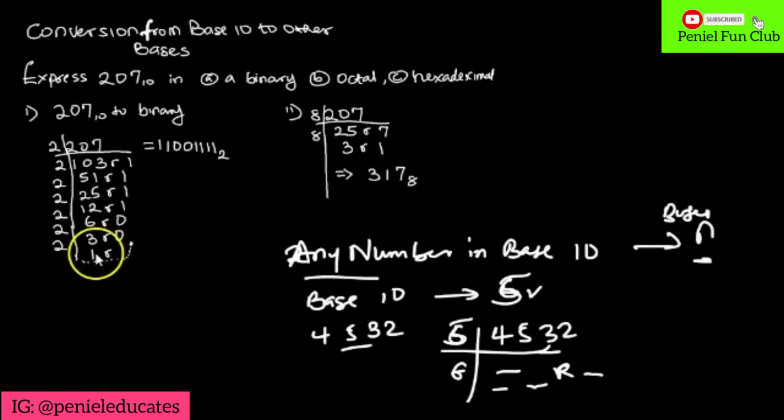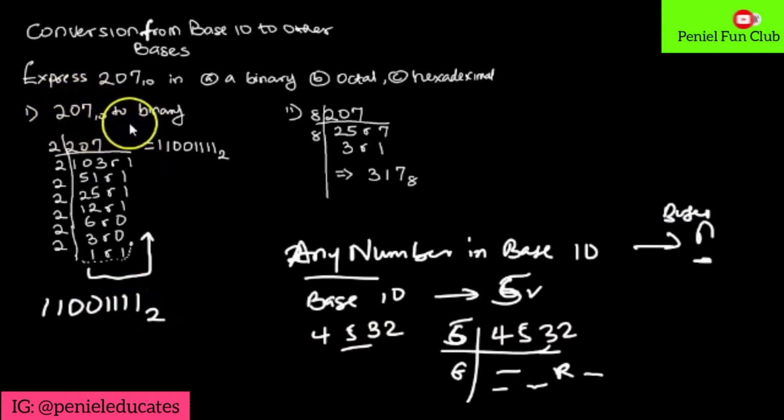When you can no longer divide it by 2, you do your writing of the answer from here up to the top. So we have 1 1 0 0 1 1 1 1, that is 4 ones. Base 2. So that's our answer of converting 207 base 10 to binary.